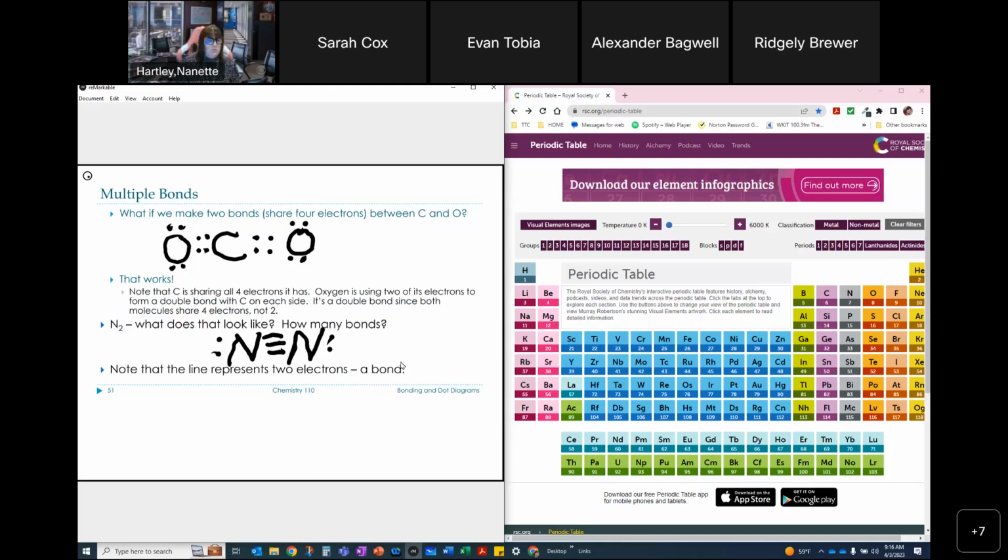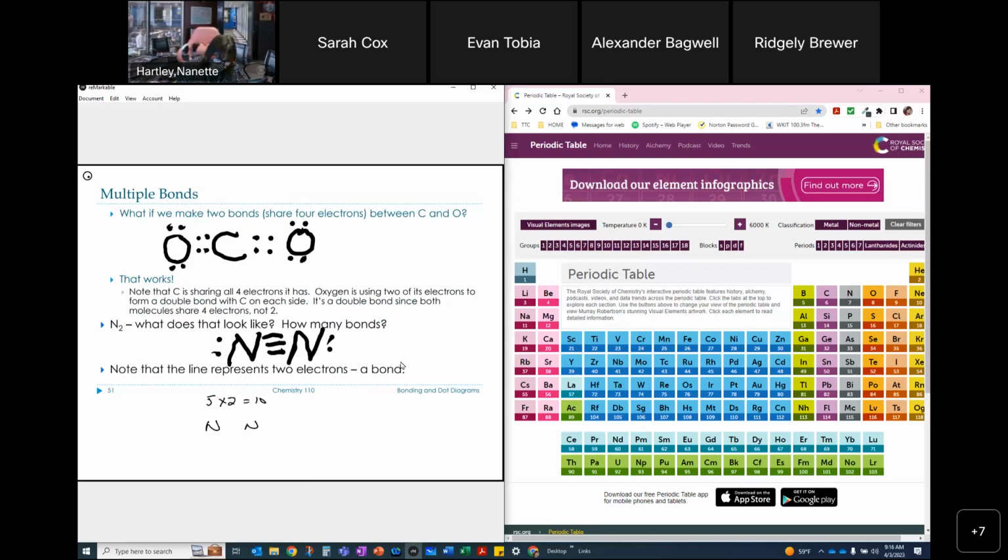Okay, well, what if we make two bonds, share 4 electrons between C and O? We just did that. Fine. When we talk about nitrogen, each one has 5 electrons. There are 2 of them because I know it's N2 in nature, so that's a total of 10 electrons.